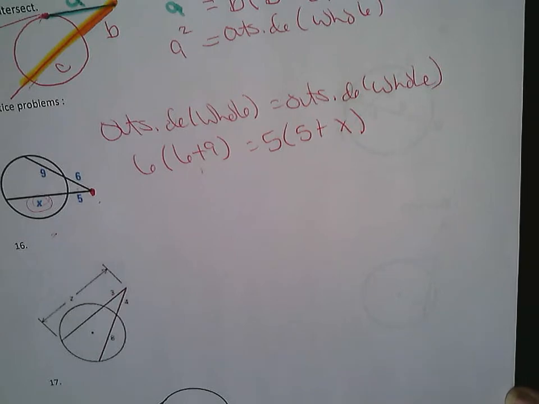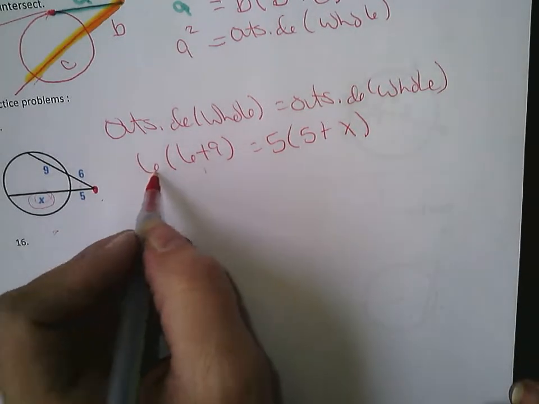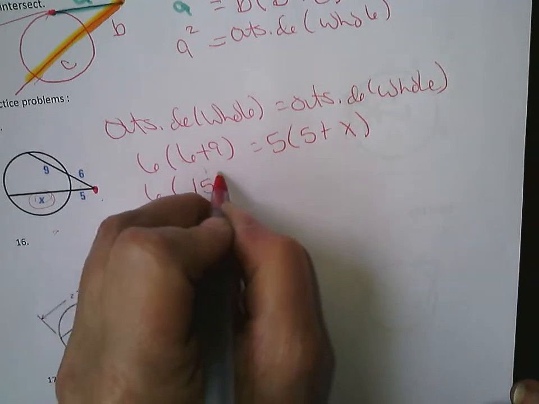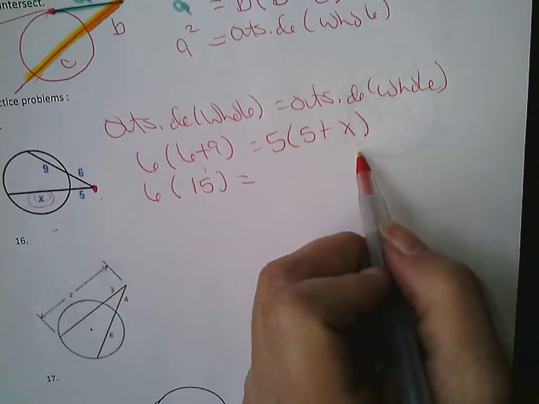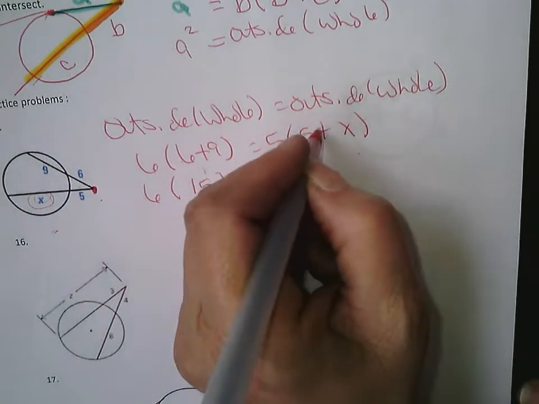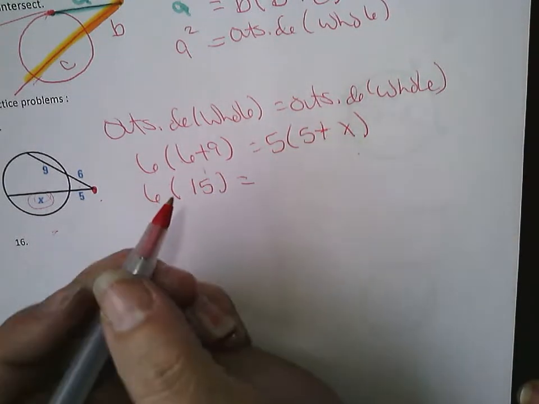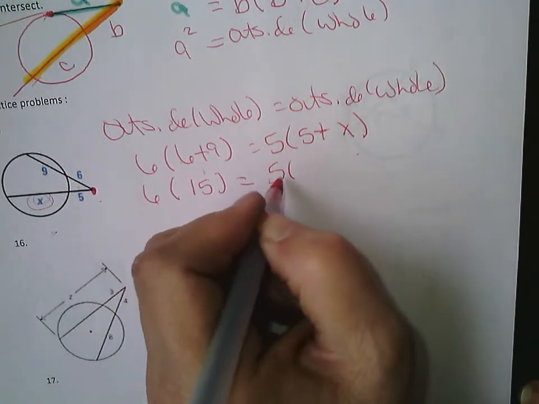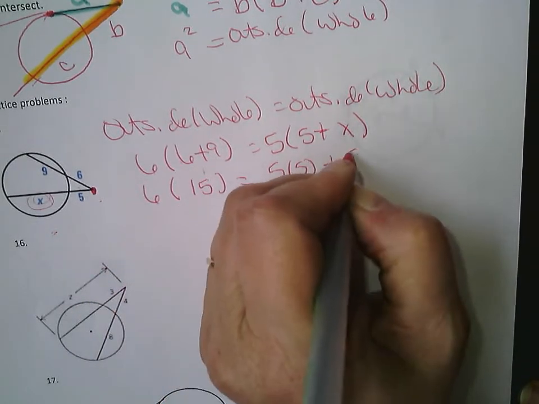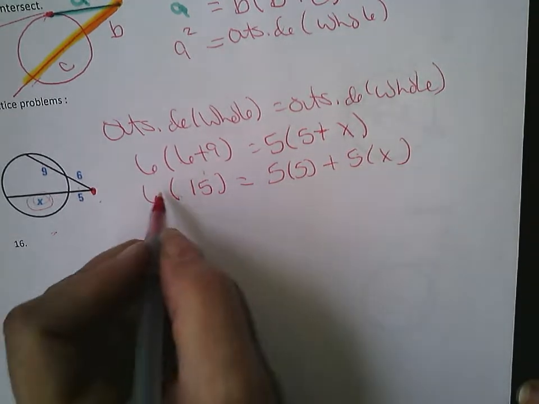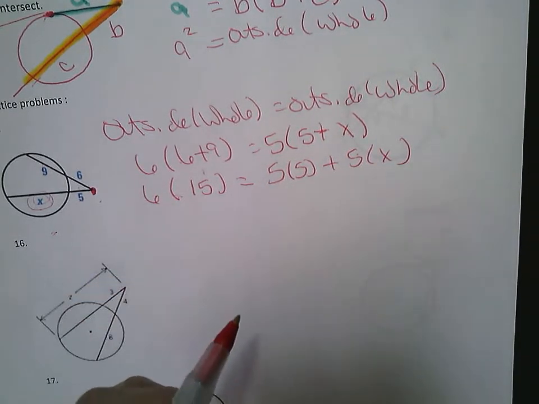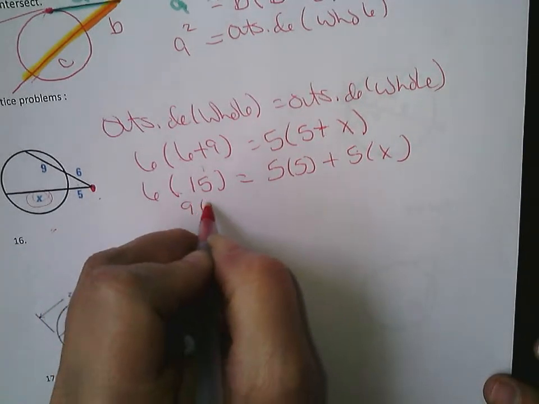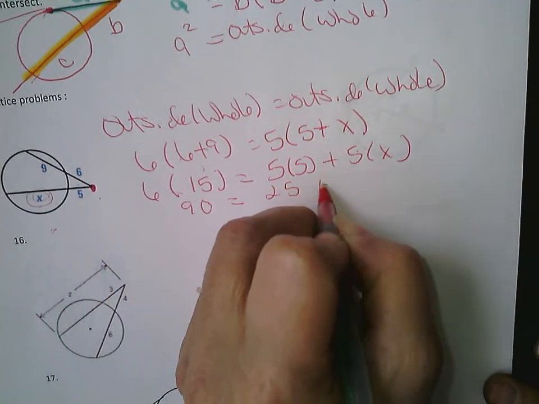And so in here, we're going to put this together. 6, and then 6 plus 9 is 15, equals, and then we're going to use our distribution property. Please don't get mixed up on saying that 5 plus x is 5x. It isn't. So we have 5 times 5 plus 5 times x. 6 times 15 is our 90 equals 25 plus 5x.